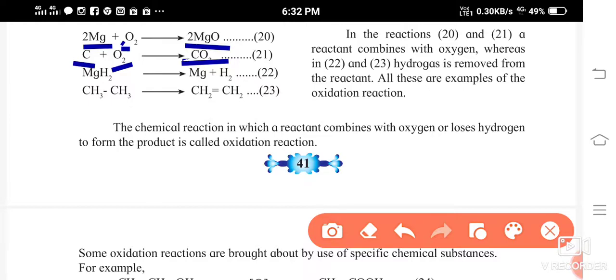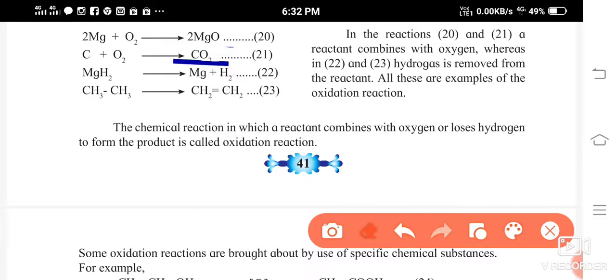Which are the reactants? Now you are quite familiar with the reactants. To the left hand side are the reactants, and these are the products.